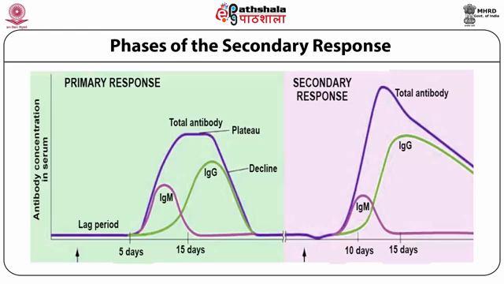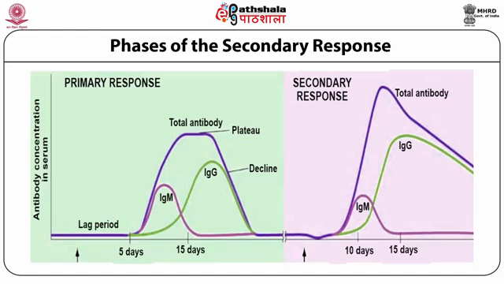That means the secondary response is quicker than the primary response. In this secondary response, IgM may or may not be detected. If it is detected, it is soon replaced by IgG kind of antibody. Serum contains a much higher amount of the antibody.